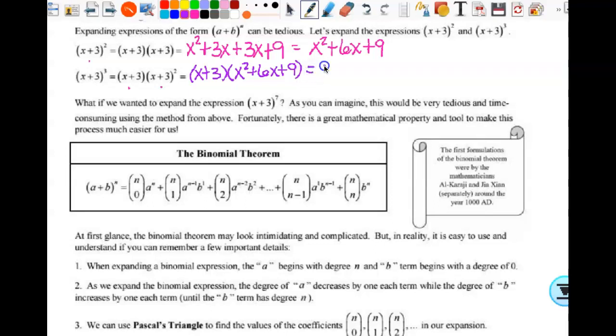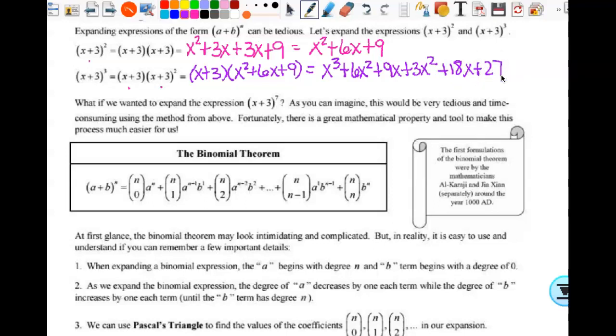So x times x squared is x cubed. X times 6x, 6x squared. X times 9, 9x. Then I do the same thing with the 3. 3 times x squared, 3x squared. 3 times 6x, 18x. 3 times 9, 27.